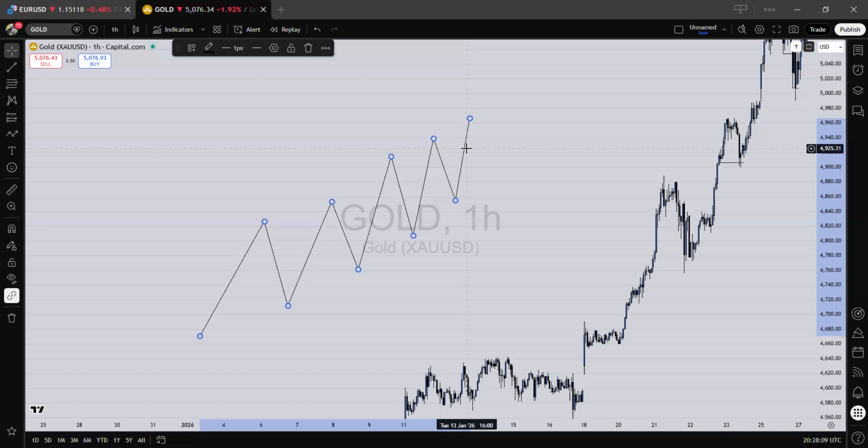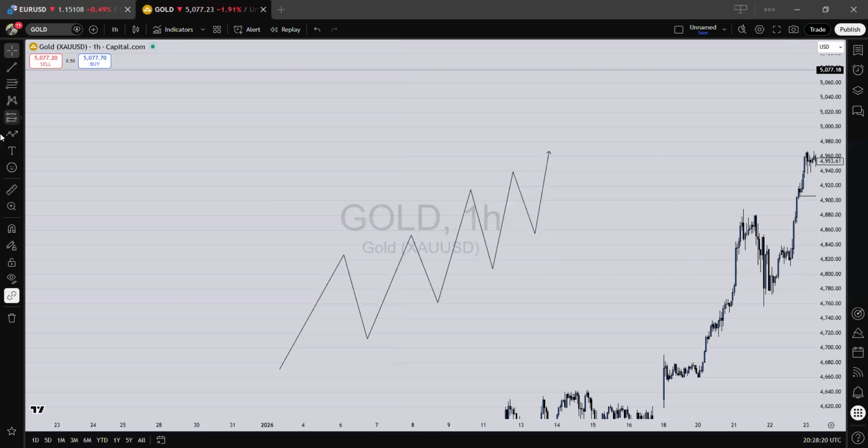Every sell side liquidity is important in a bullish trend. Every sell side liquidity is important. So this one I just drew now can be like this.